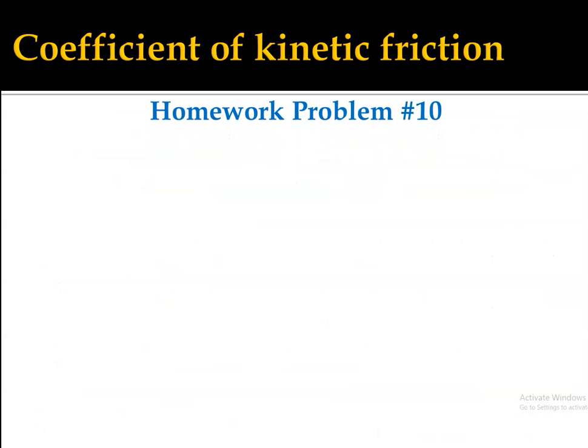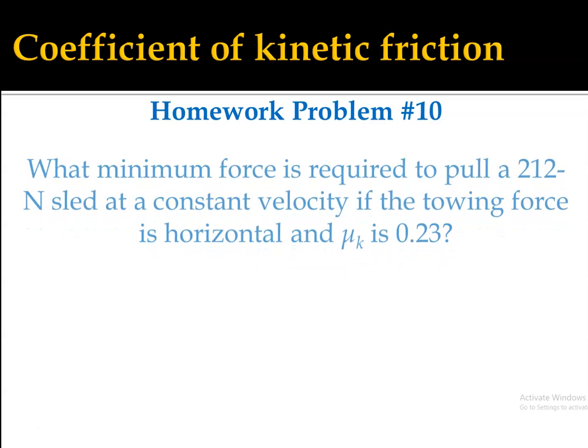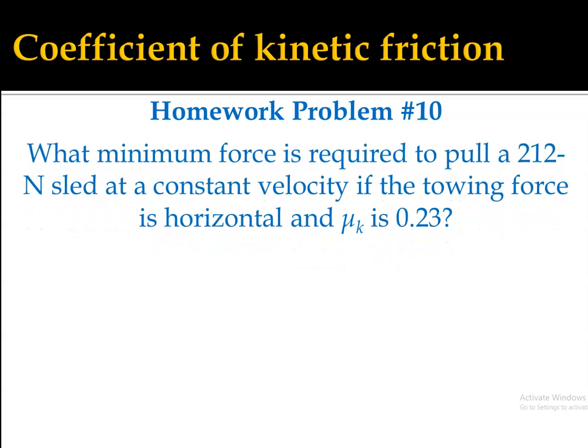So let's look at homework problem number 10. What minimum force is required to pull a 212 Newton sled at a constant velocity if the towing force is directly horizontal, and the coefficient of kinetic friction is 0.23?